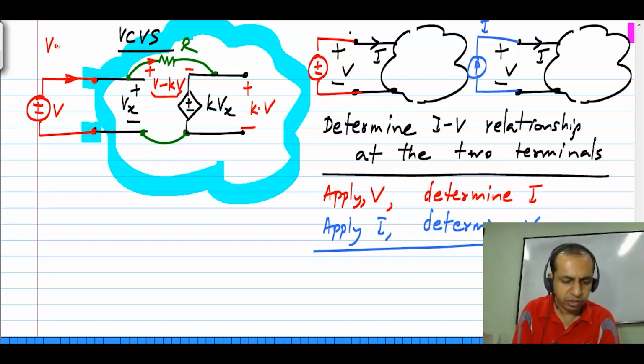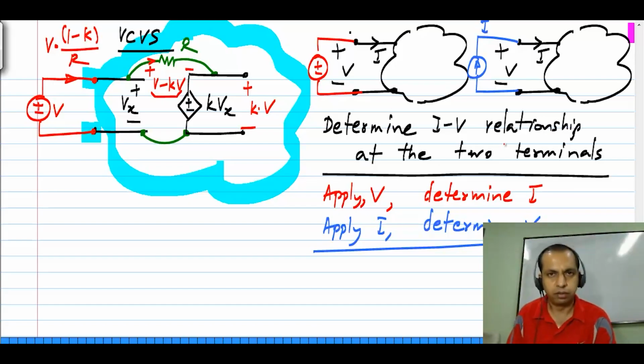So it is V times (1 minus K) divided by R.